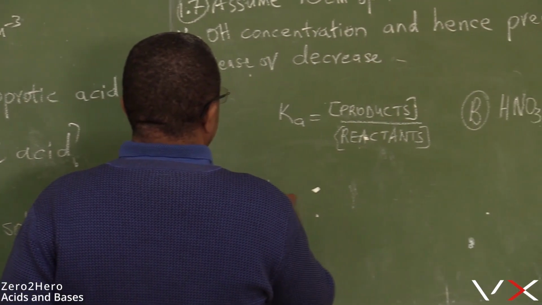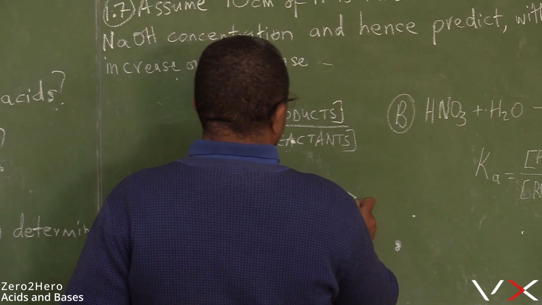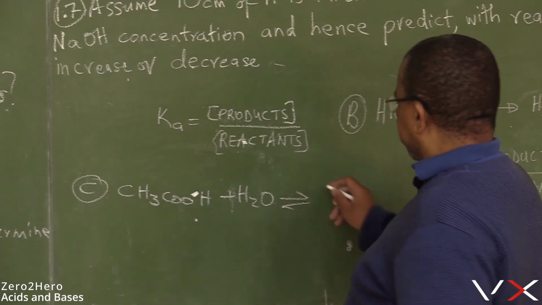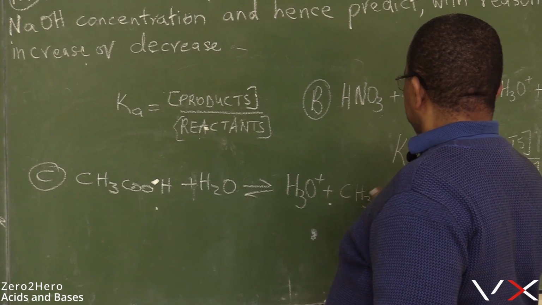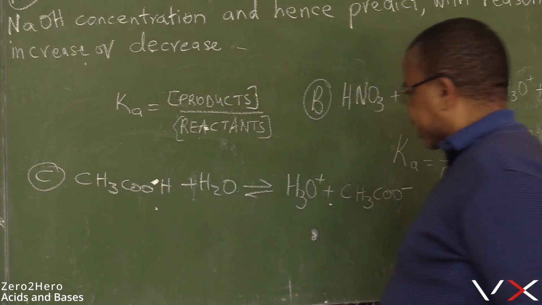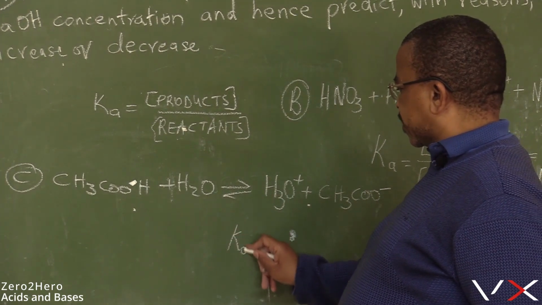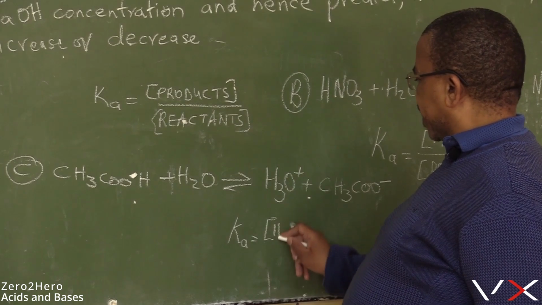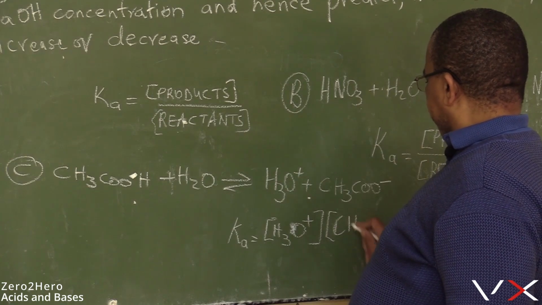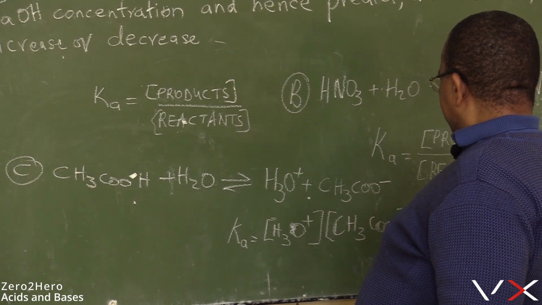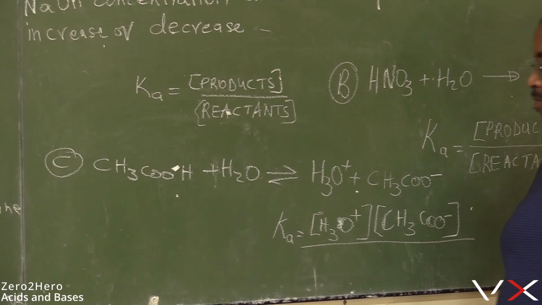It's CH3COOH plus H2O. It forms H3O plus and CH3COO minus. What is the expression for Ka? Ka is the concentration of H3O plus and CH3COO minus, these are the products, over the reactants.